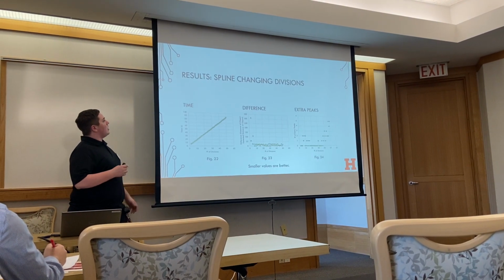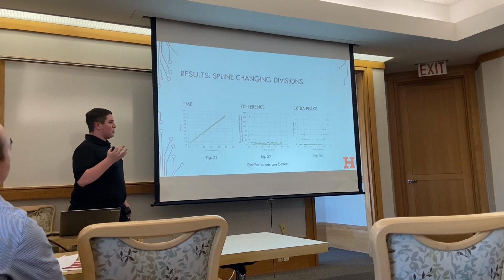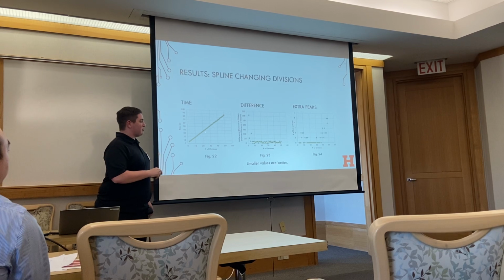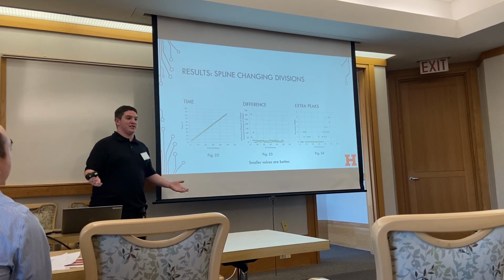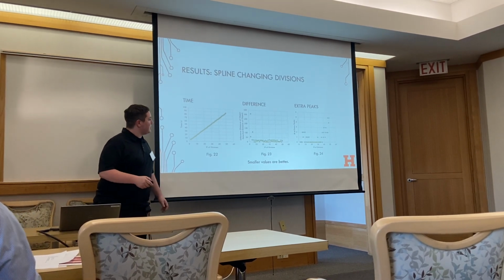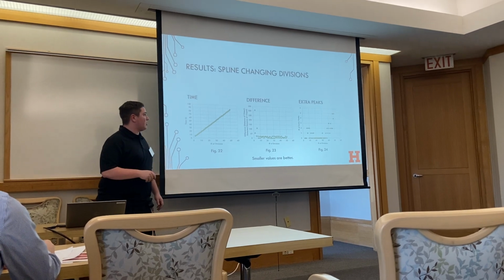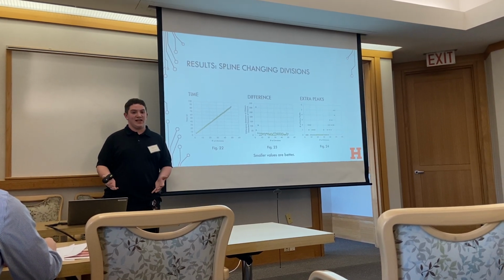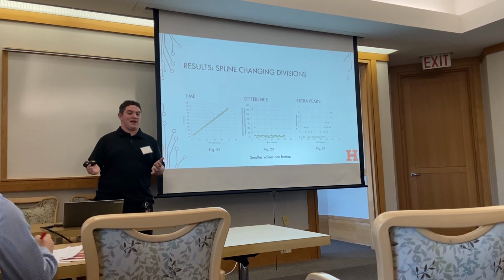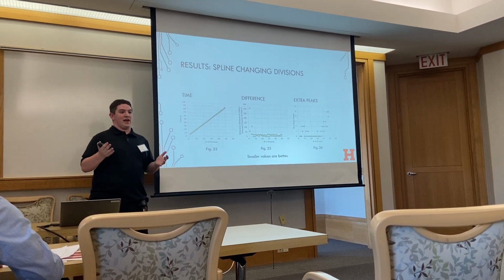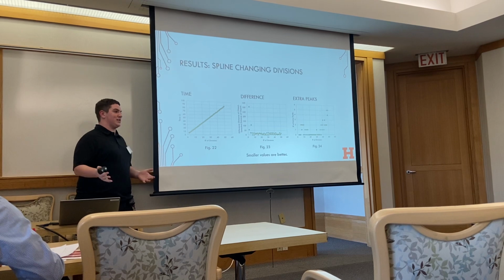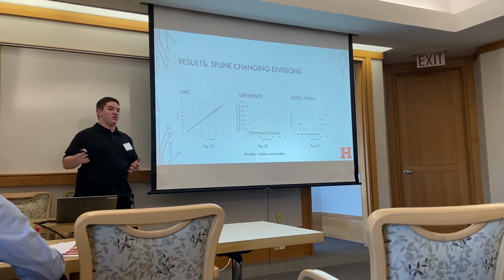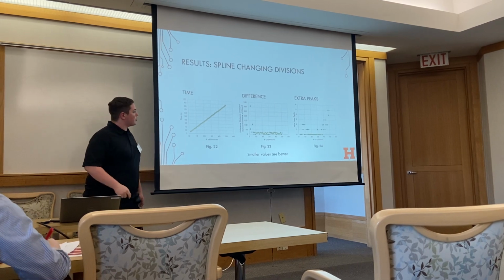Here, much like the polyfit with a change of 2, our time increased linearly because we were increasing the number of reconstruction planes, but the difference was significantly lower. Initially, it was all over the place because it did not have enough data to accurately create a reconstruction curve.